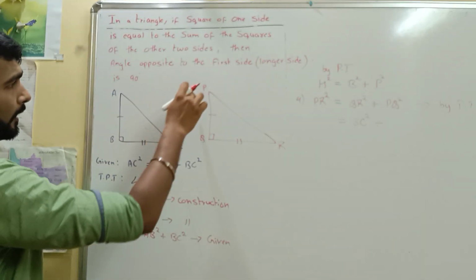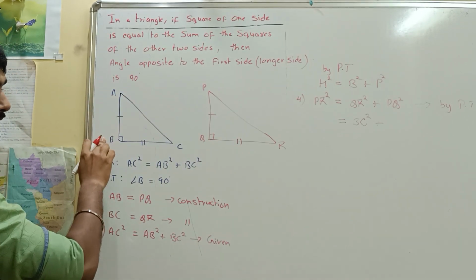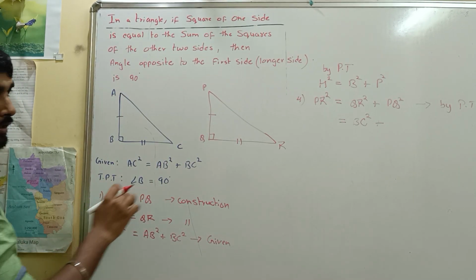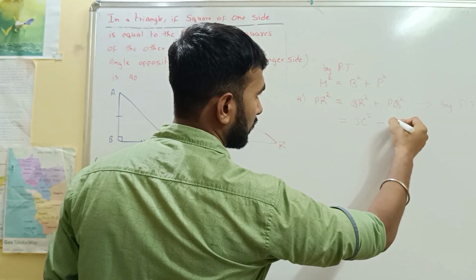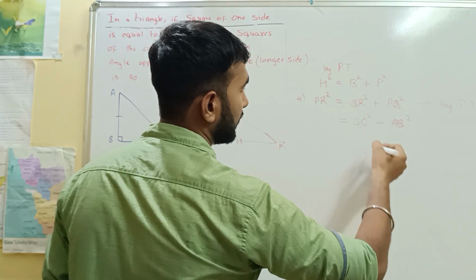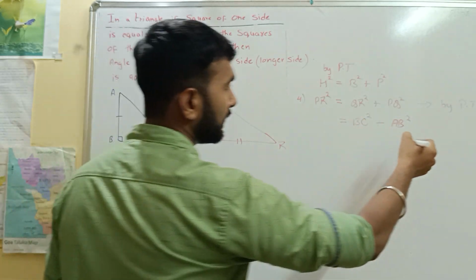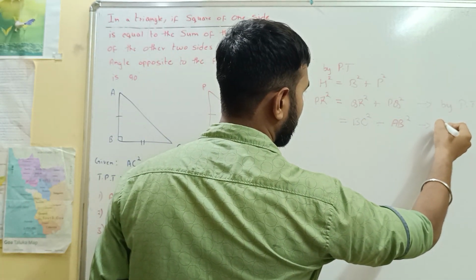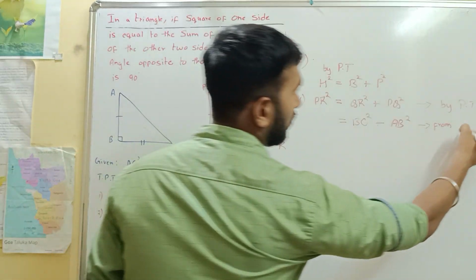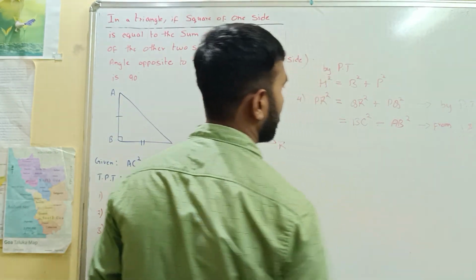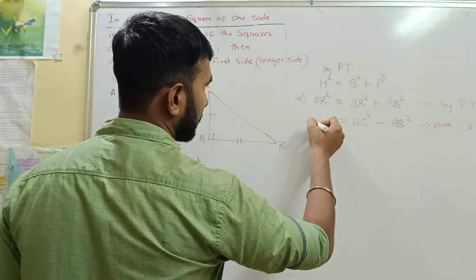This side is equal to this side, right? PQ equals AB, so in place of PQ I'll write AB square. Okay, I'll write the reason from step number 2 and 1, so 1 and 2. And this I'll copy as it is, PR square.